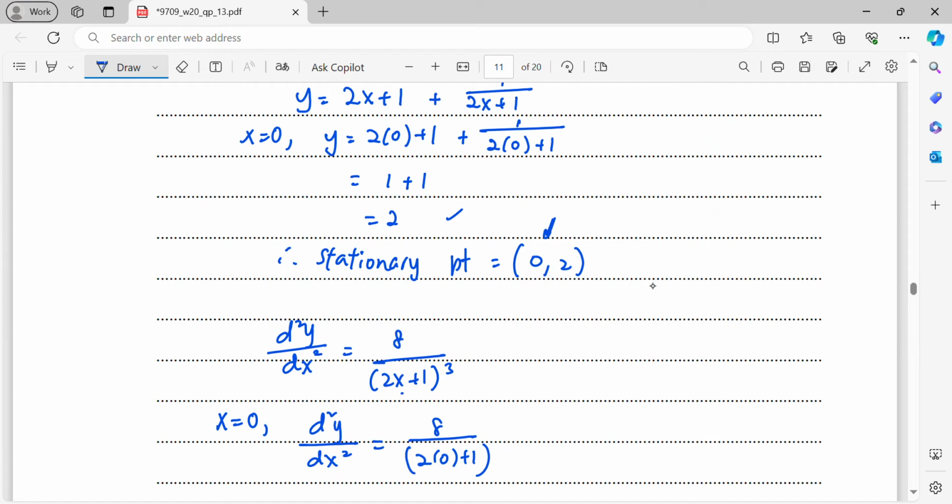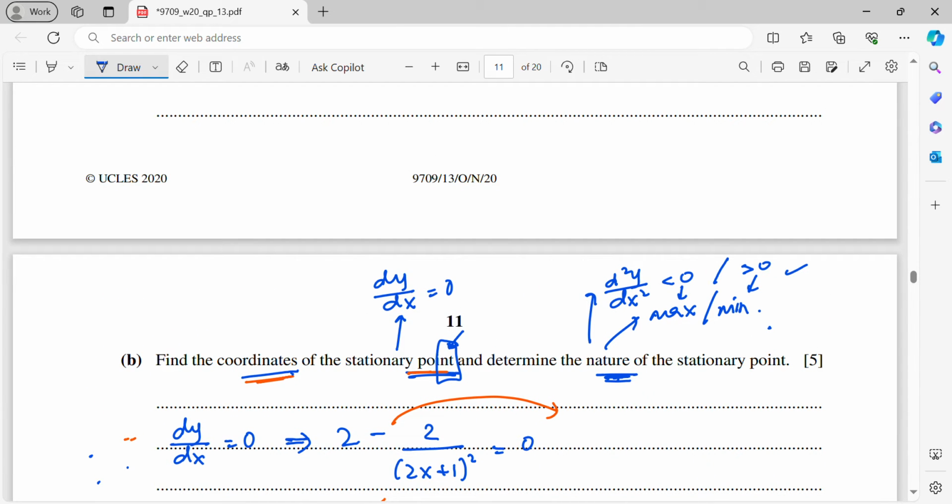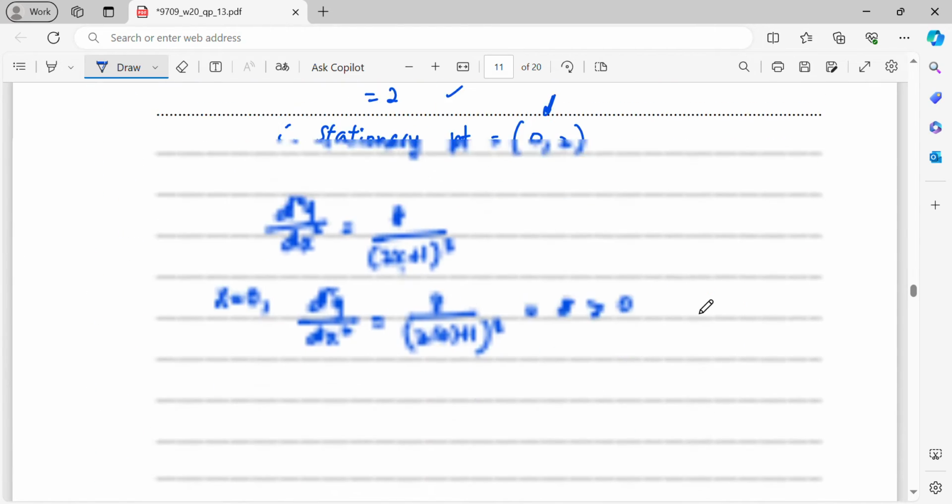When you replace, this is basically 8. 8 is greater than 0. So when the second derivative is greater than 0, based on this note, greater than 0 means you are getting a minimum point.